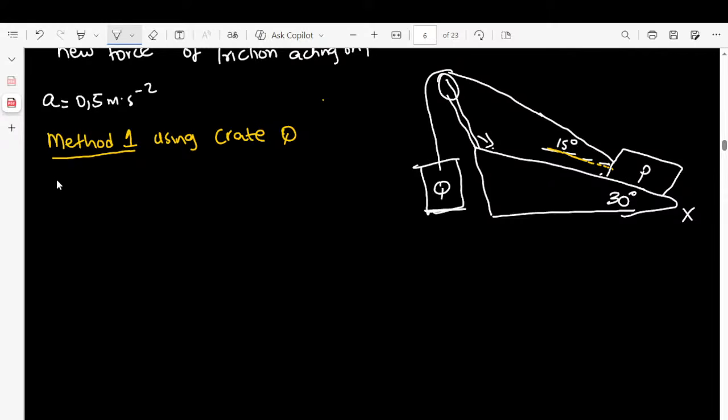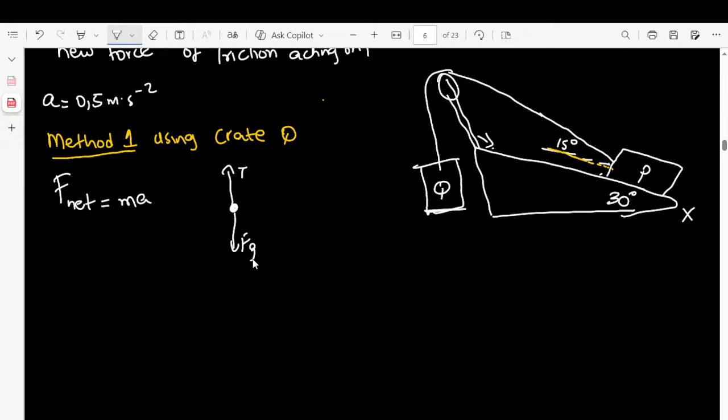So I'm going to say F net is equal to MA, because we are looking for frictional force. Now look at this Q. We need to identify all the forces that are acting on Q. We have tensional force going up, then we have Fg going down.